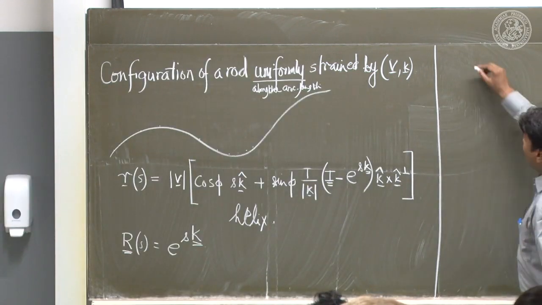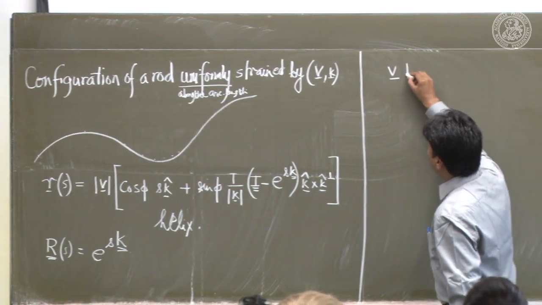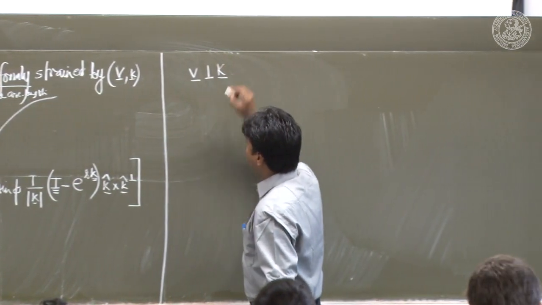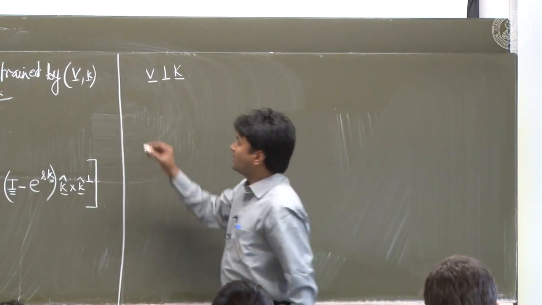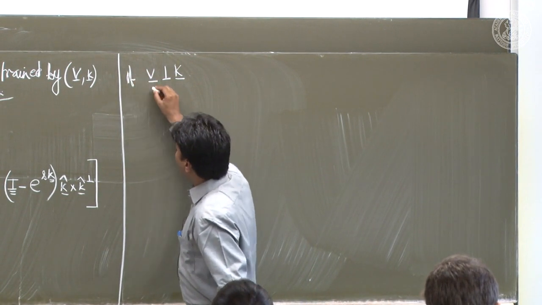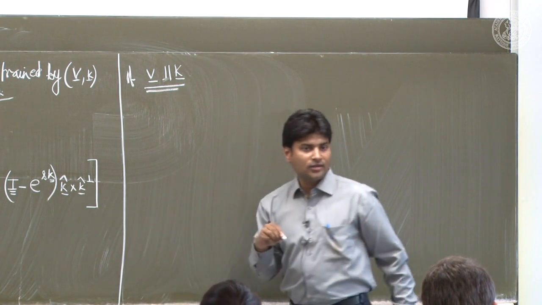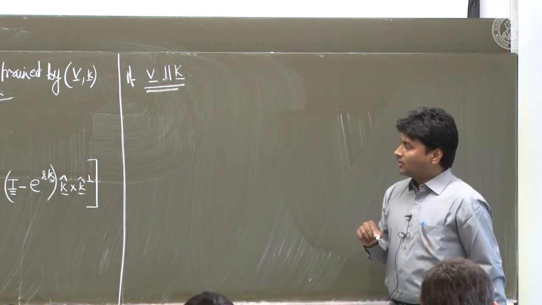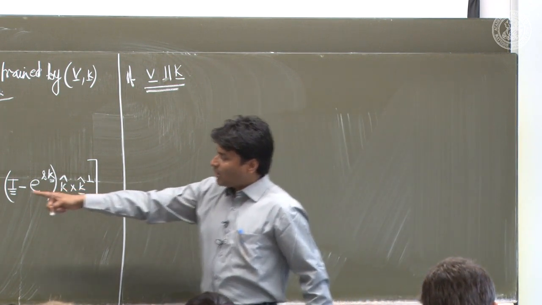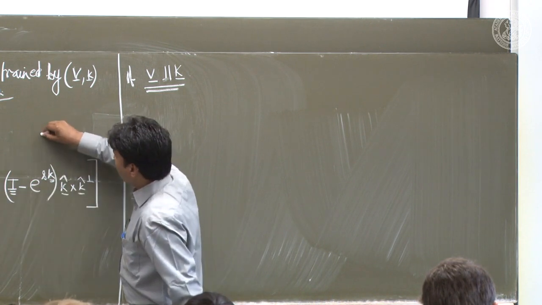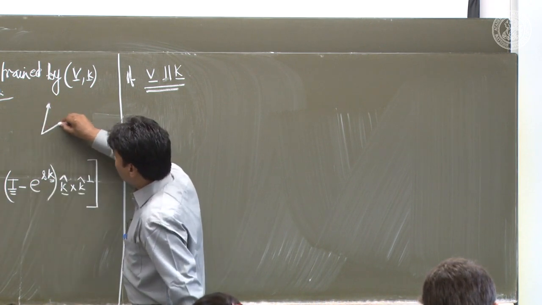For example, if v is parallel to k, then what happens? You remember that phi was the angle between v and k.